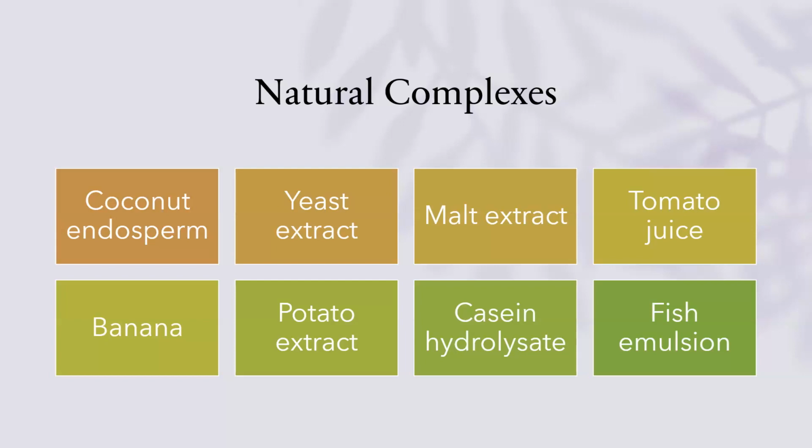Some examples of these natural complexes are coconut endosperm, yeast extract, malt extract, tomato juice, banana, potato extract, casein hydrolysate, and fish emulsion.